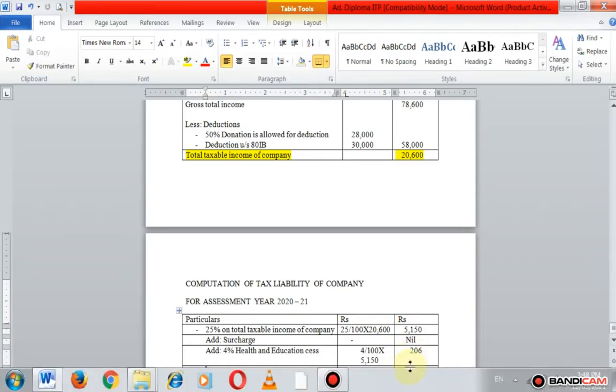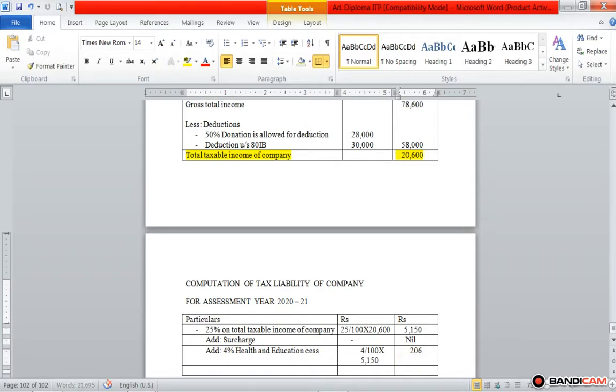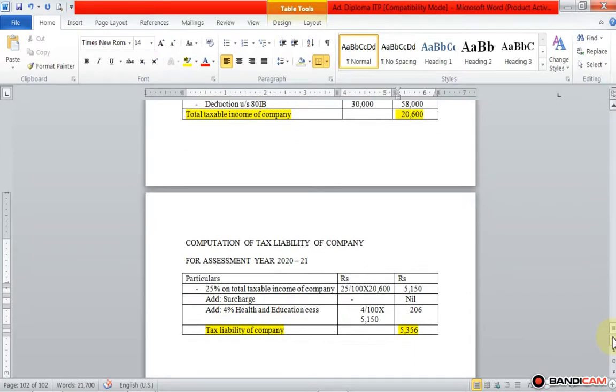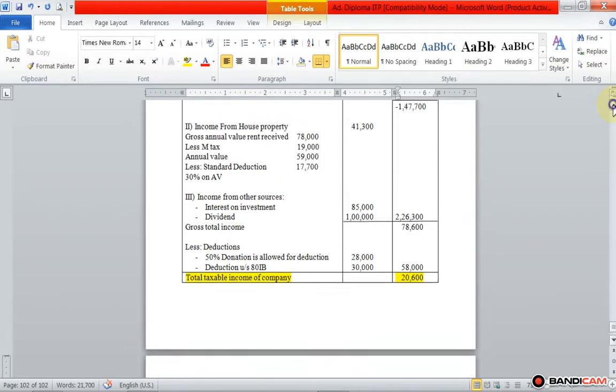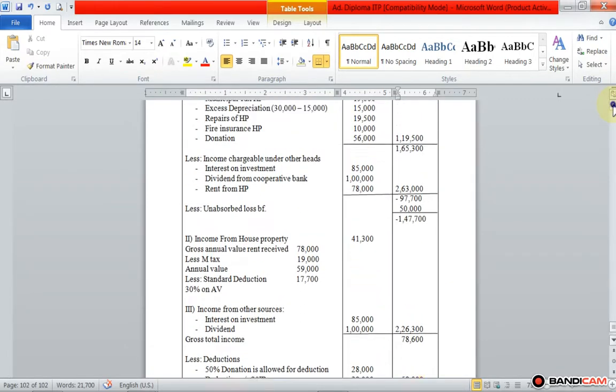Here the total tax liability of the company is 5,356. Okay, so here we compute the tax liability. We take small figures here for your understanding.